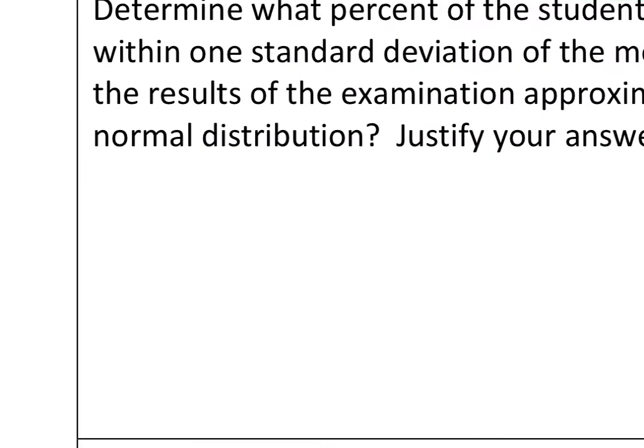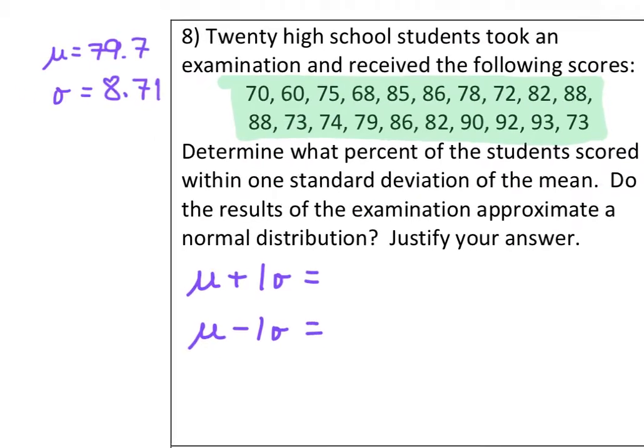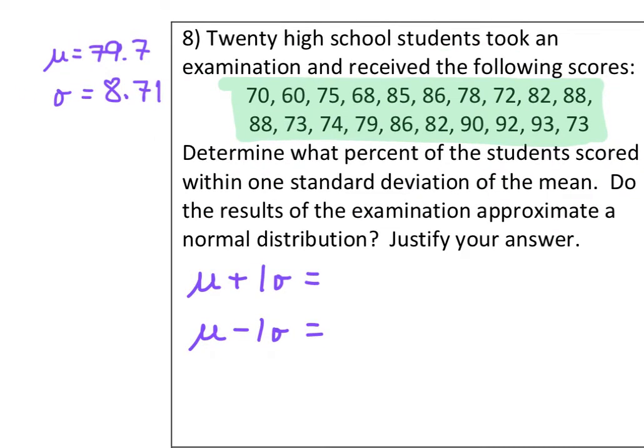And so basically what you want to do is to compute the mean plus one standard deviation and the mean minus one standard deviation. And you're going to use those numbers, the 79.7 plus 8.71 and 79.7 minus 8.71.